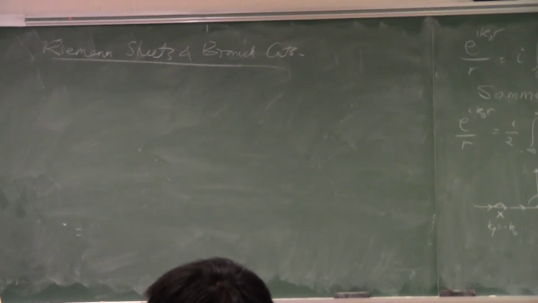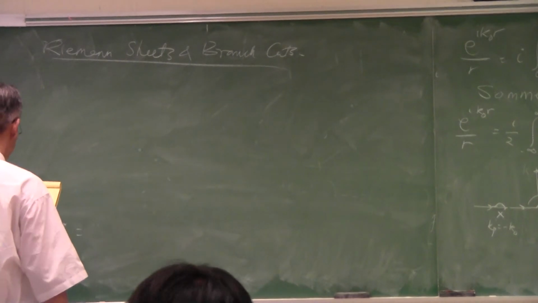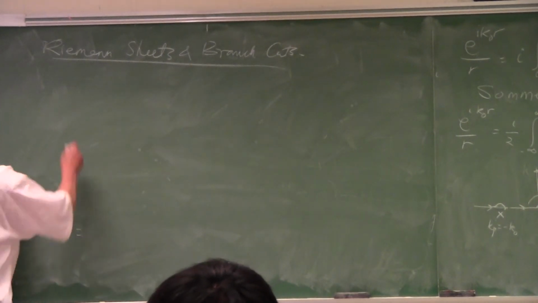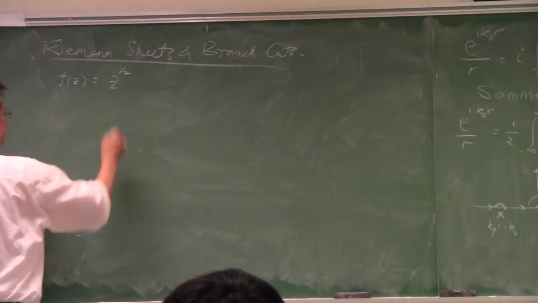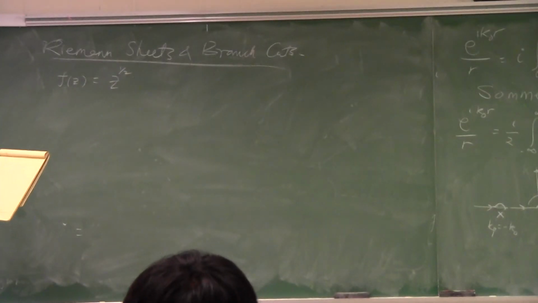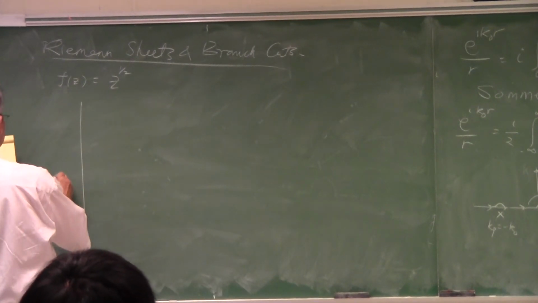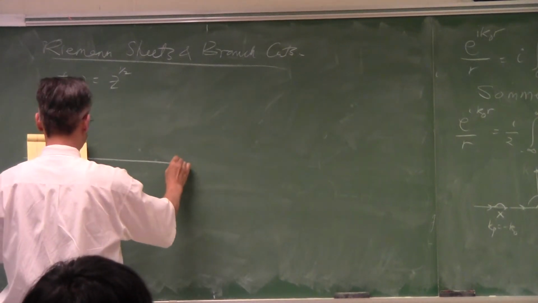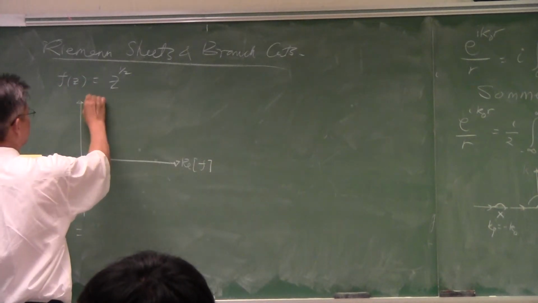And if you know how to keep track of Riemann sheets, then it can help you answer some of the paradoxes that you face. Let's say we have a very simple function, which is just f = square root of z. If you were to look at this function, it will have a real part and an imaginary part.